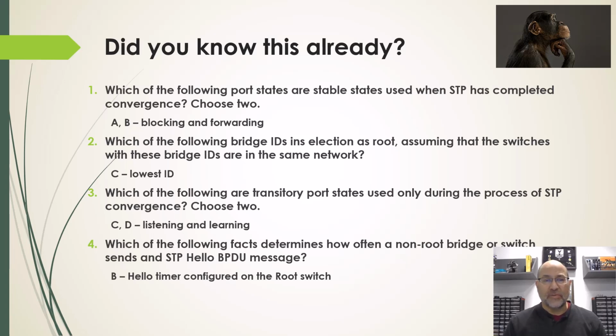Question number 1, which of the following port states are stable states used when the Spanning Tree Protocol has completed convergence? Now, there's a couple of things here. Convergence is when the topology is all done figuring out what it is. Now, maybe to preface all of these, if you're trying to go, well, wait a minute, what's spanning tree all about?